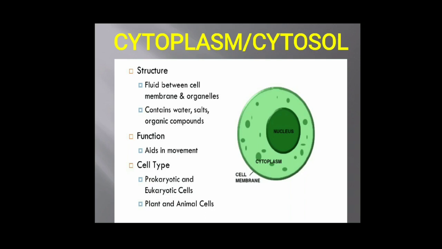The cell organelles have their specific functions inside the cells. The cytoplasm helps in the movement of different materials from the nucleus to the cell membrane or from the cell membrane into the nucleus, or within the cell. So this is a major function of cytoplasm.